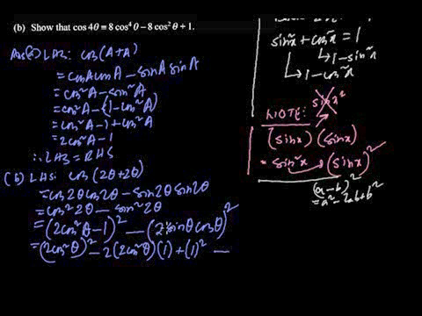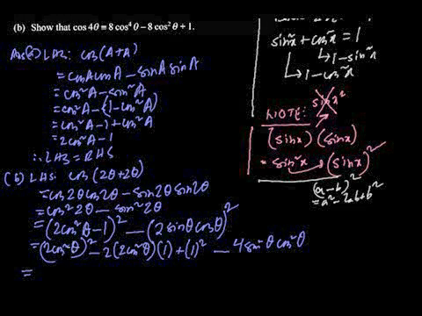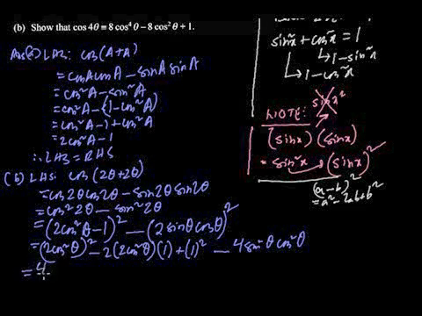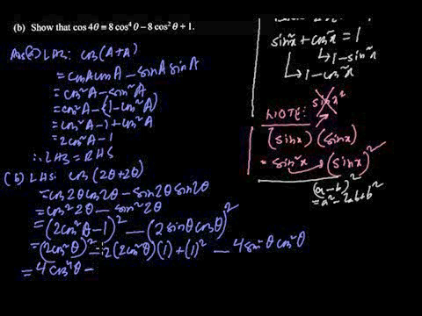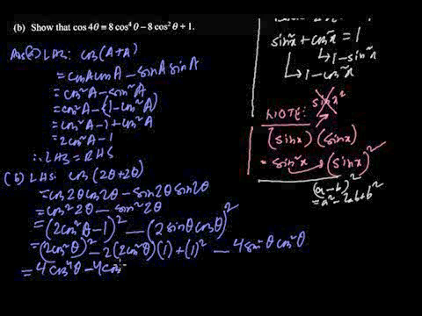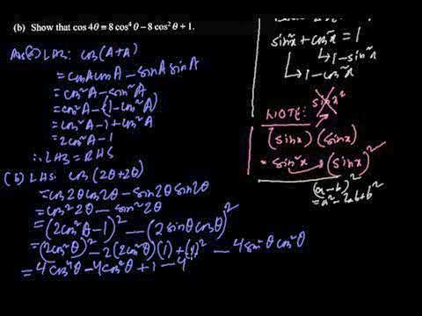Minus, and this portion, 2 sin cos whole squared, is going to be 2 squared is 4, sin squared, cos squared. So 2 cos squared theta whole squared is going to be 2 squared is 4, cos squared squared is cos to the power 4 theta. Remember, the power is not on the angle but on the cos. So 4 cos to the power 4 theta, minus 4 cos squared theta, plus 1, minus 4 sin squared theta cos squared theta.